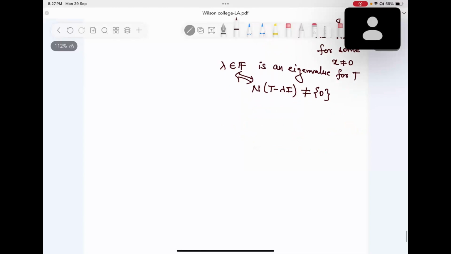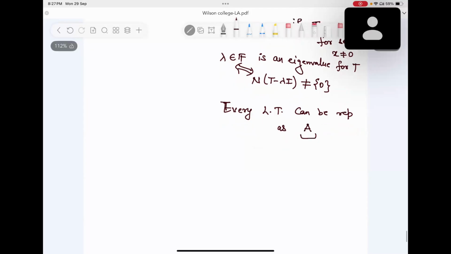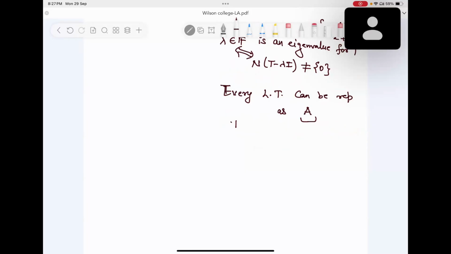And I think you know this: every linear transformation can be represented as a matrix. This is the matrix representation of a linear transformation. Suppose your linear transformation is from V to W, the dimension of V is n and the dimension of W is m.